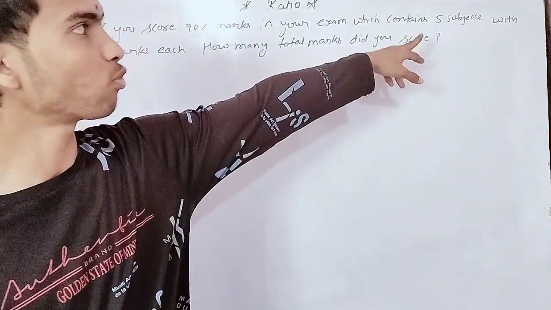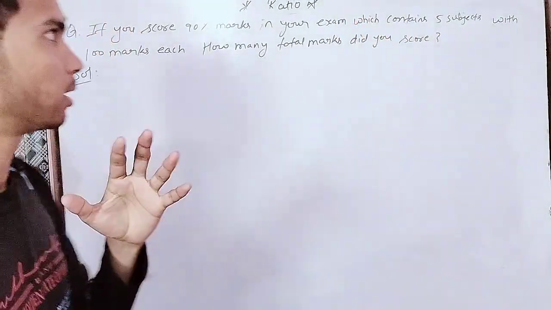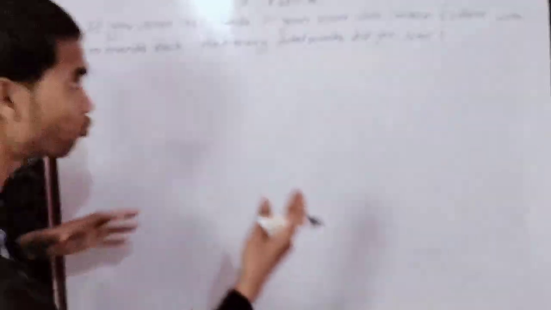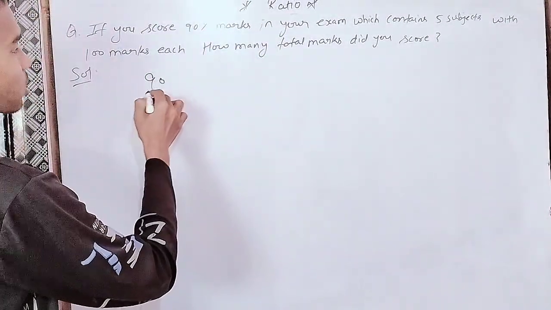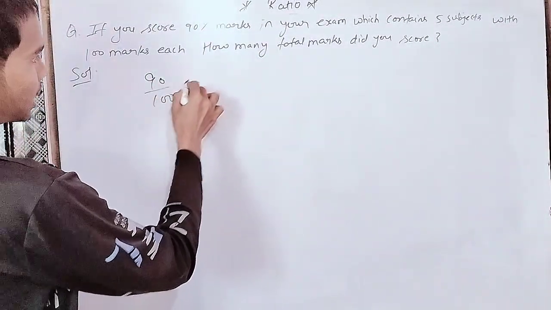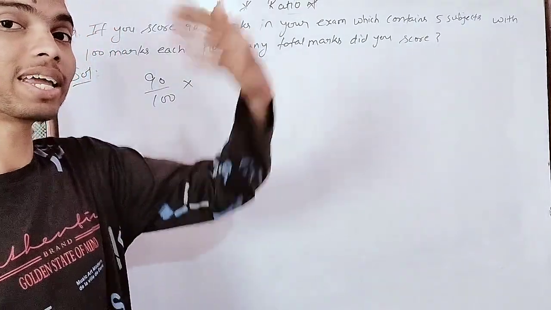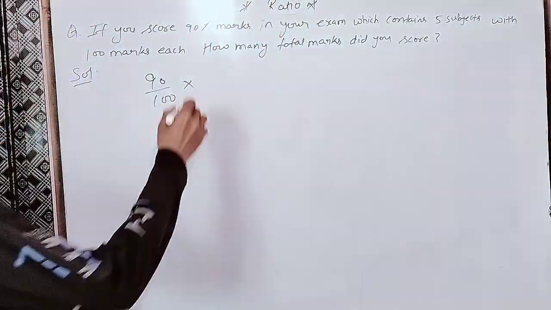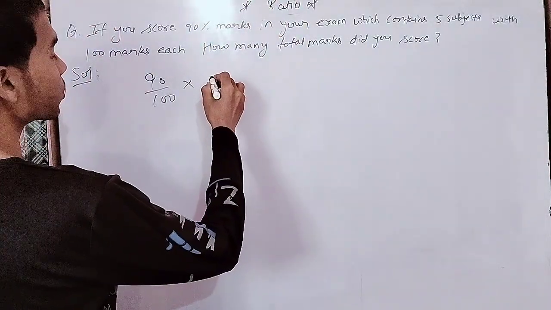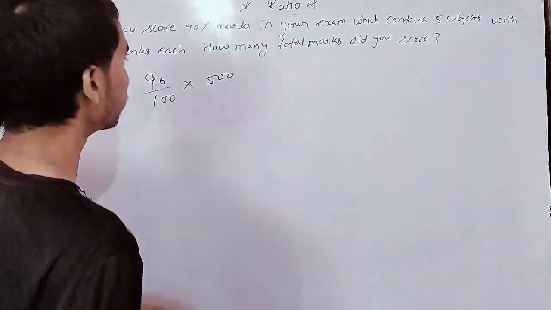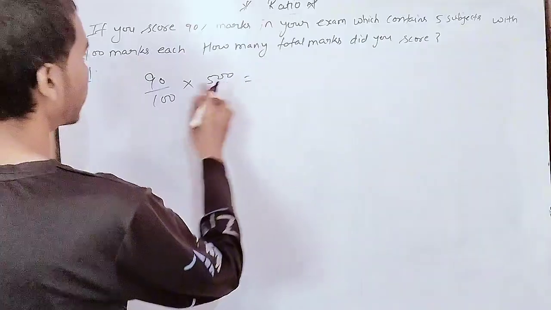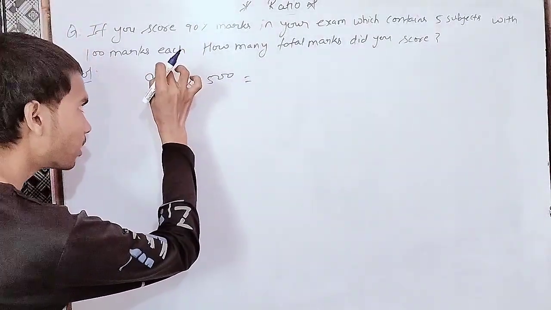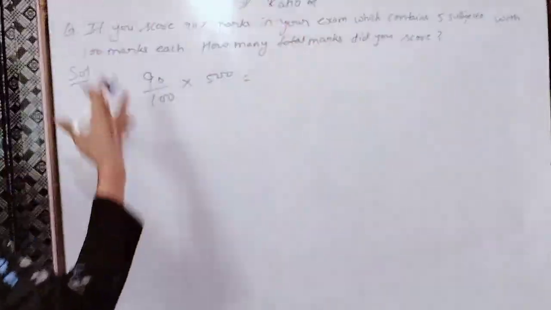So 5 multiplied by 100 is 500. From 500, you have scored 90%. And we are going to convert this into an exact number.